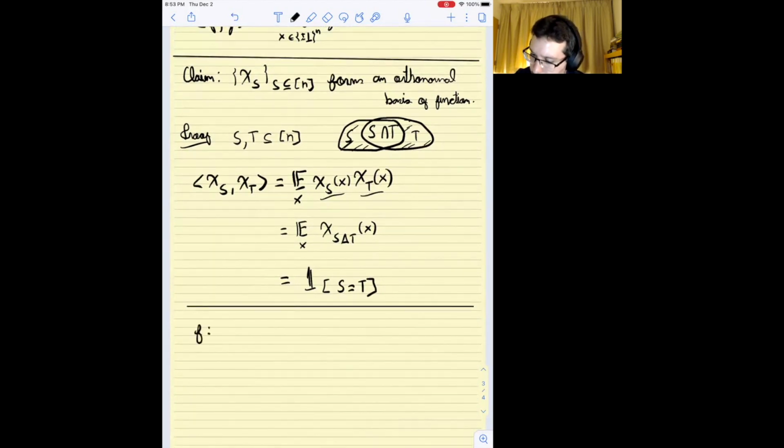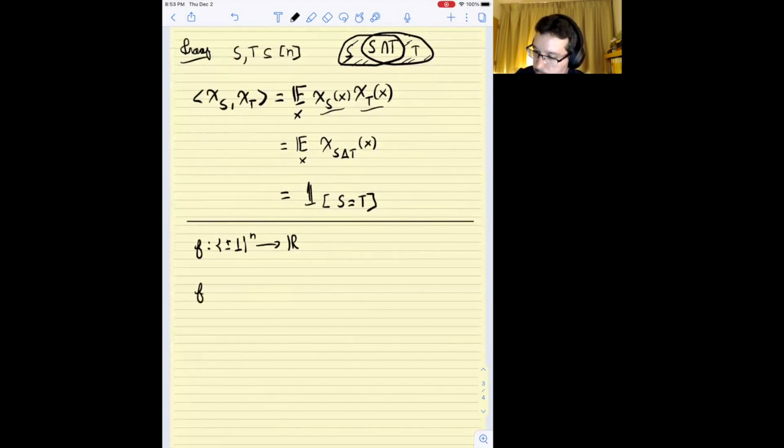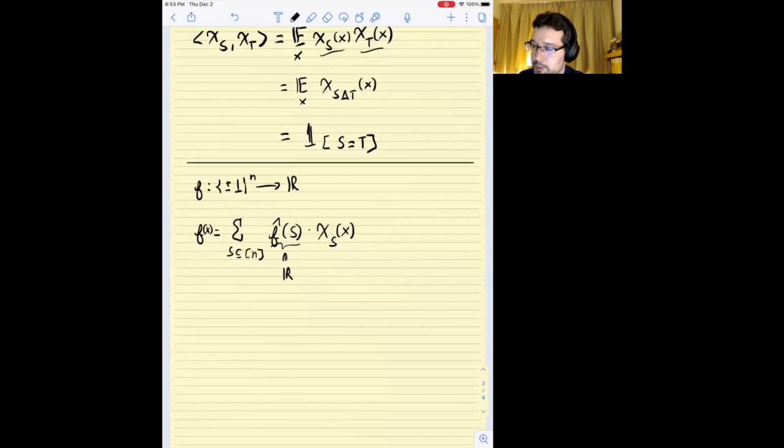If you have a function on the Boolean cube {-1,1}^n to the reals, we can decompose it, write it in this basis, and there is a summation over all the characters, with some coefficients times the character chi-s. Those coefficients are real scalars, right? So this is some scalar, and that's the Fourier coefficient associated with this character s.